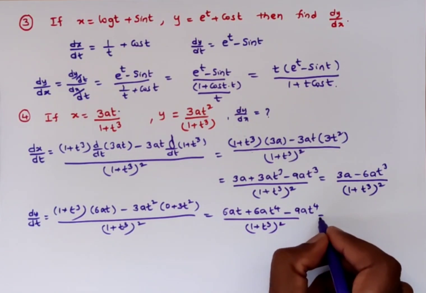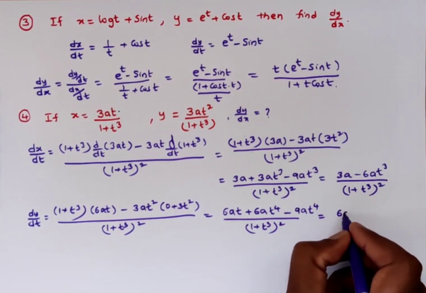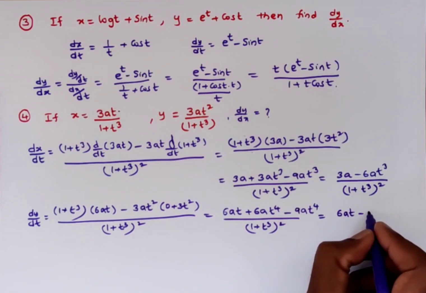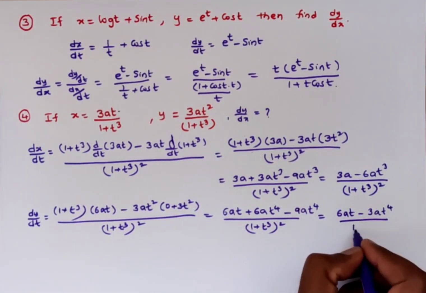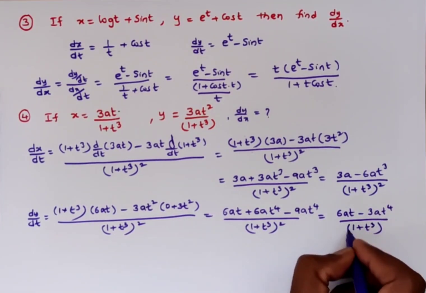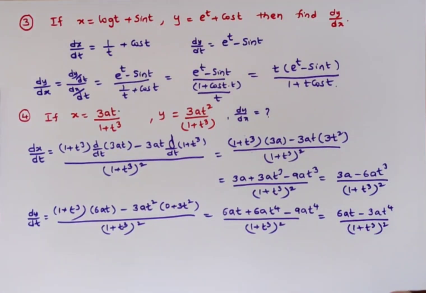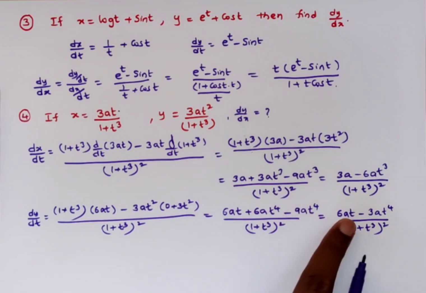Now finally this is 6at minus 3a into t to the power of 4, whole divided by 1 plus t cube whole square. Now we have the derivative of x and y with respect to t. So derivative of x with respect to t is this one. Derivative of y with respect to t is this.